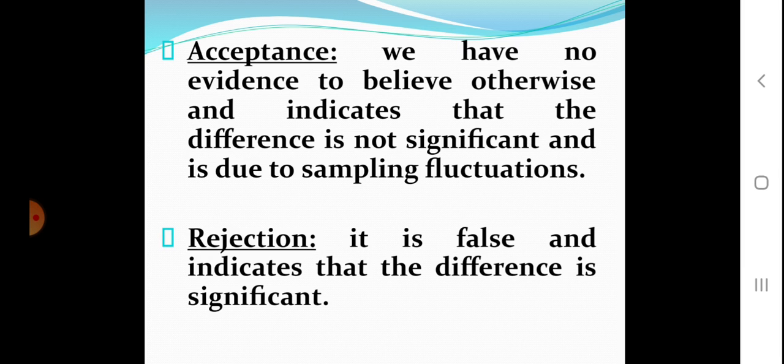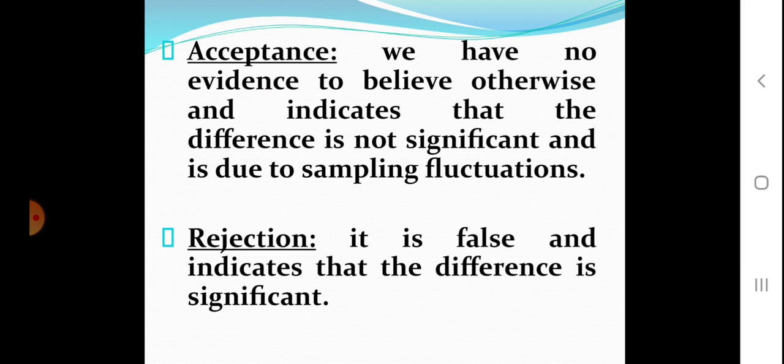Acceptance: we have no evidence to believe otherwise, and it indicates that the difference is not significant and is due to sampling fluctuations. The acceptance of the null hypothesis implies that we have no evidence to believe otherwise, and that the difference is not that significant and is due to sampling fluctuations.